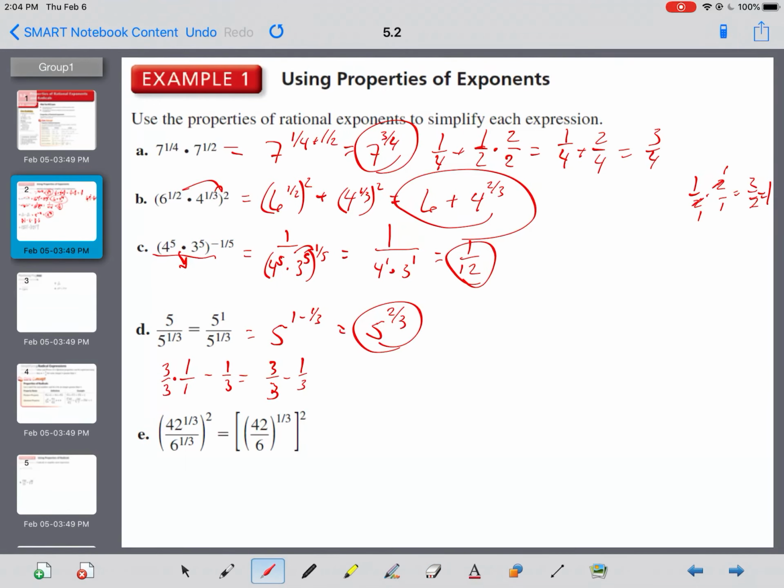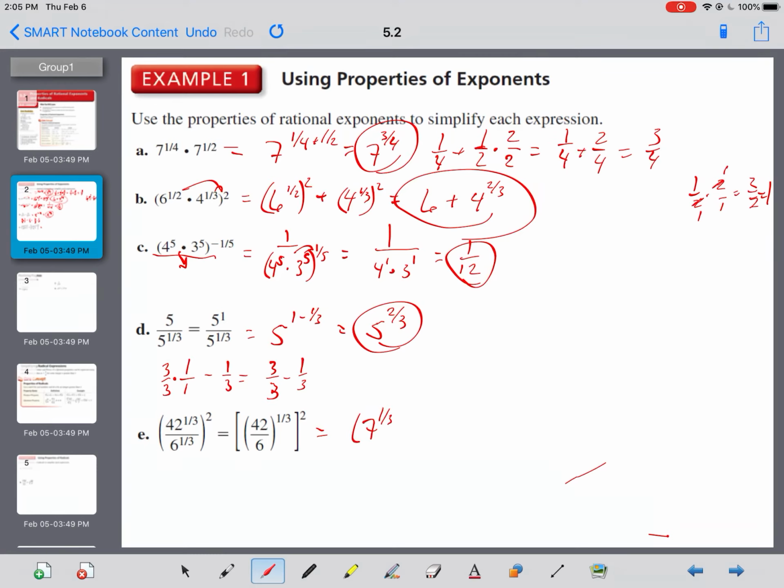Next one, 42 to the 1/3 over 6 to the 1/3 could be written as 42 over 6, to the 1/3, and then squared. Let's see. 6 goes into 42. We could reduce that fraction. So to make this as small as possible, we've actually undone something, and we've removed that exponent on both that's the same outside and brought both into a quotient inside.